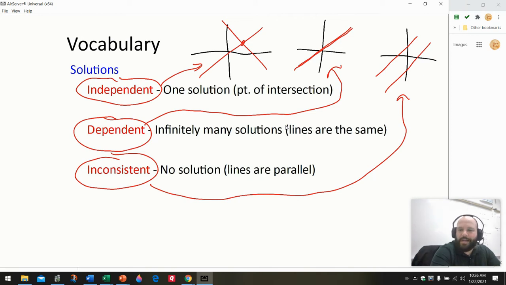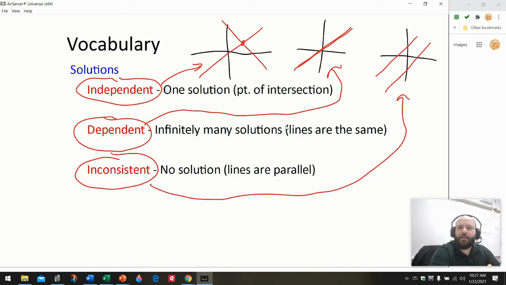Please also remember what happens algebraically for each of these. For an independent system that has one solution, you will end up with an ordered pair, an x and a y, in the course of solving. In the second example, for a dependent system, you will end up in a situation where all of the variables will cancel away, and you'll be just left with a true statement like 2 equals 2.